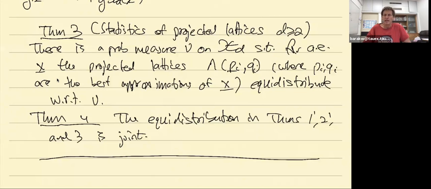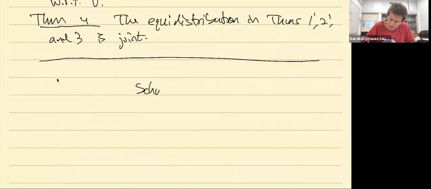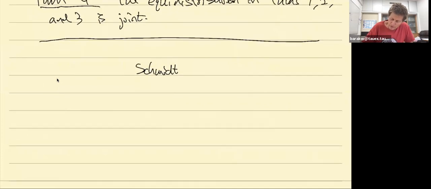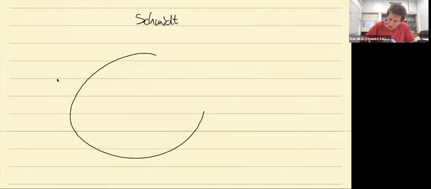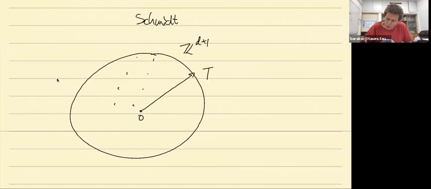Maybe I'll repeat that. So this is Schmidt. I don't remember the year. You take a large ball. The radius of the ball is t. So it's got a whole bunch of integer points inside. And for every one of these primitive integer points, you project the lattice Z^(d+1) to the orthogonal complement of the vector.